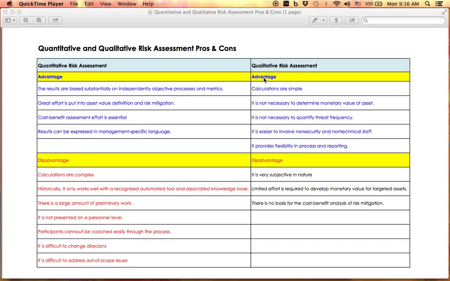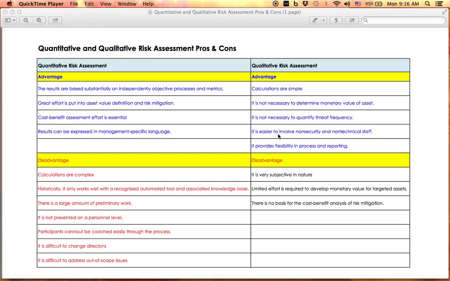And about the advantages of the qualitative risk assessment: calculations are simple. It's not necessary to determine monetary value of an asset. No need to assess relative to the monetary. It's not necessary to quantify threat frequency.